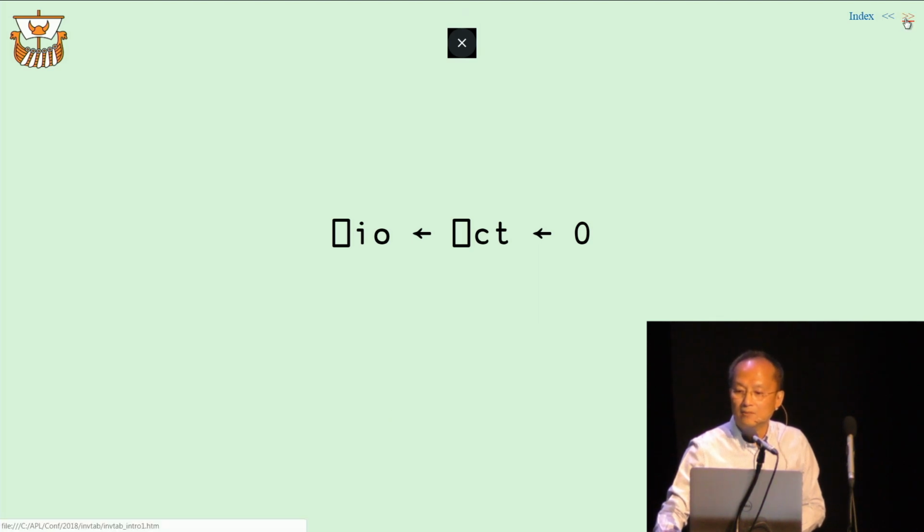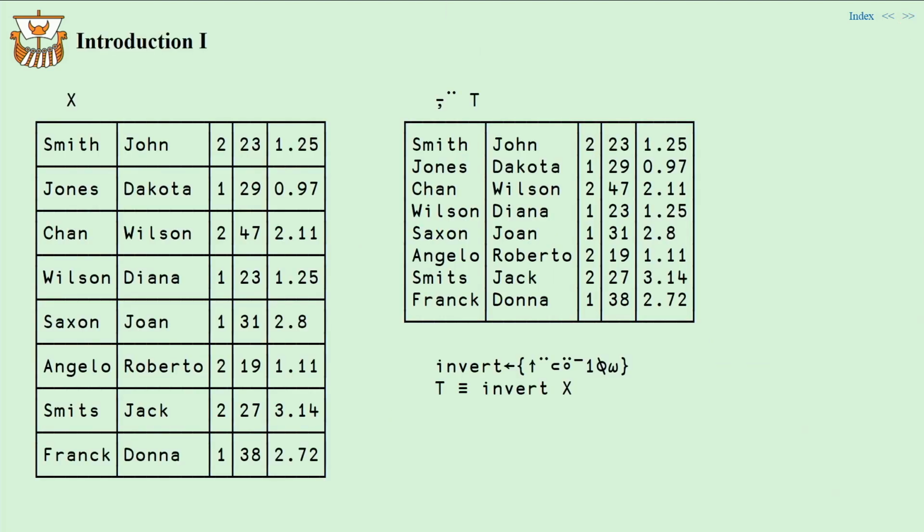So what are we talking about? On the left, we have a table, and on the right, we have the equivalent, or an equivalent, inverted table. So an informal description of a table is that it's a two-dimensional array in which the items of a column have the same data type.